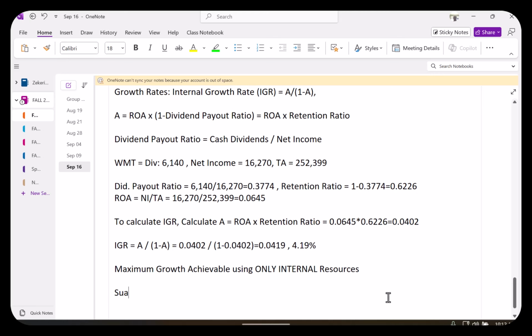Another one we're going to calculate is sustainable growth rate, SGR, and we're going to calculate that as B. We define B as ROE times retention ratio.